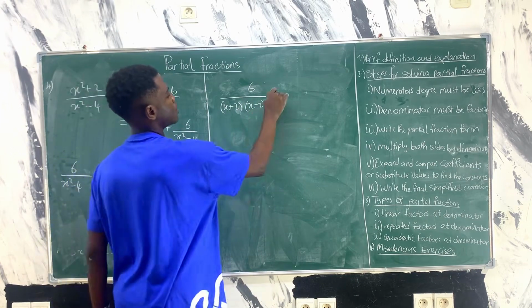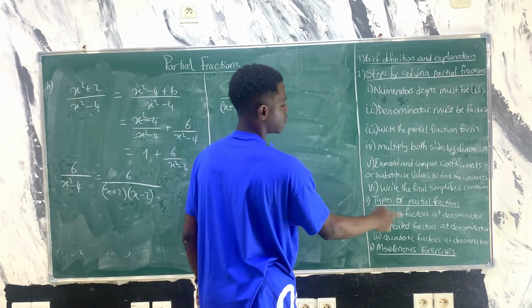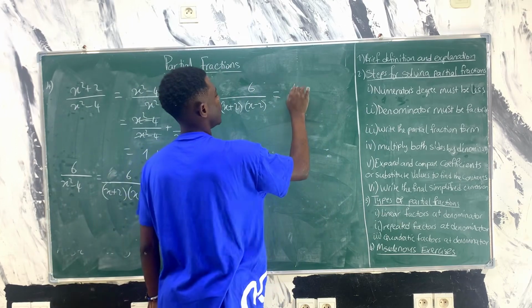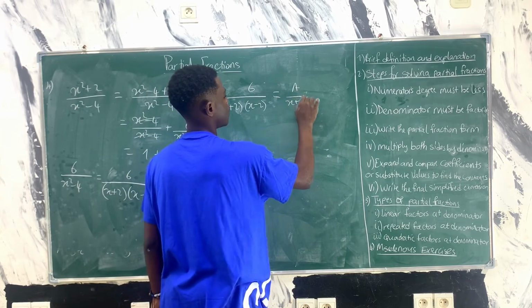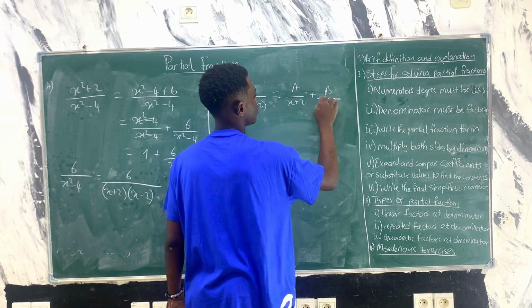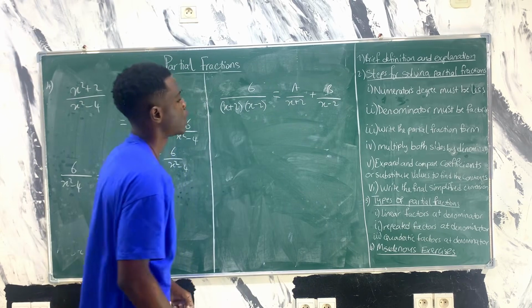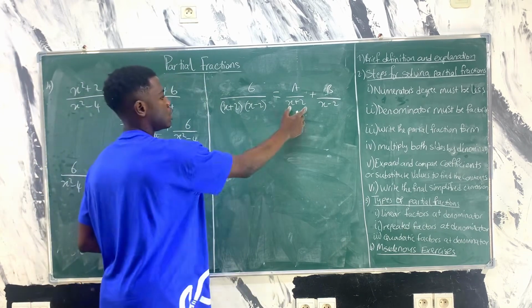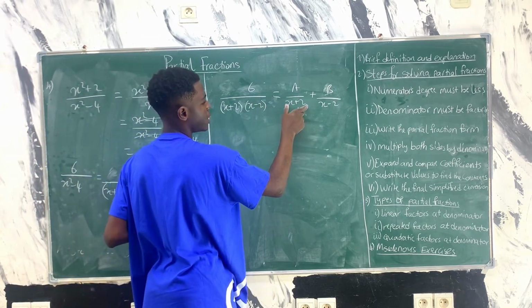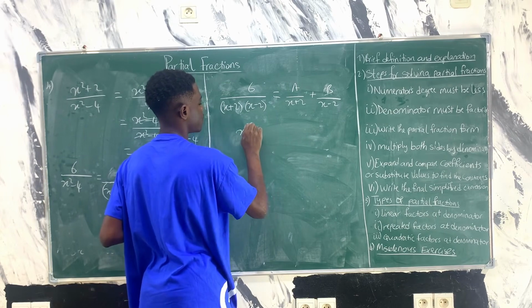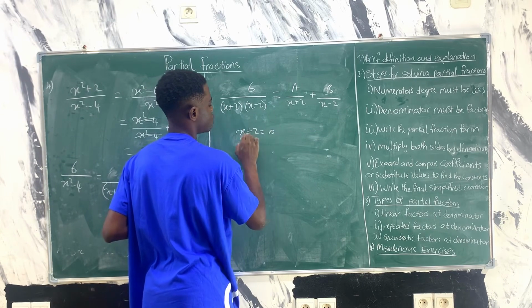To find this in partial fraction, I can see that it is a linear factor as denominator. I have a on x plus 2 plus b on x minus 2. I use my cover-up method. When using my cover-up method, if I equate this to 0, I have x plus 2 equals to 0.